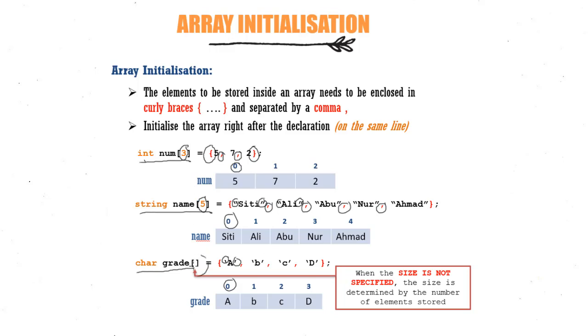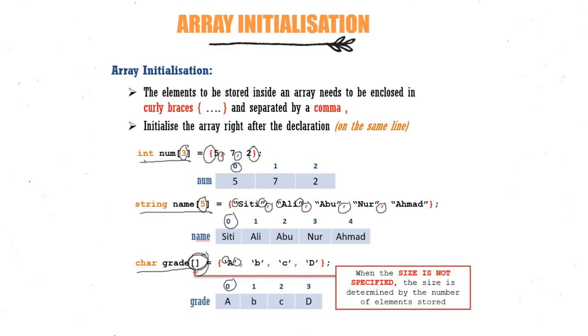But if you don't provide a size here, it is not wrong. You can do this, but the size of the array will be determined by the number of elements that is stored here.